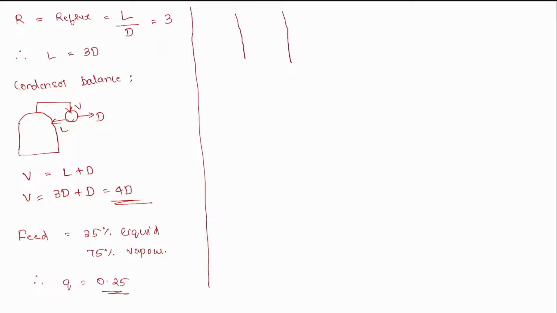Now let's go to a feed tray balance. We have the feed F coming onto a tray, the incoming liquid L from the enriching section, L bar going to the stripping section, V bar coming from the stripping section, and V going out of the tray towards the enriching section. If we write a balance for this feed tray, we can write these equations.